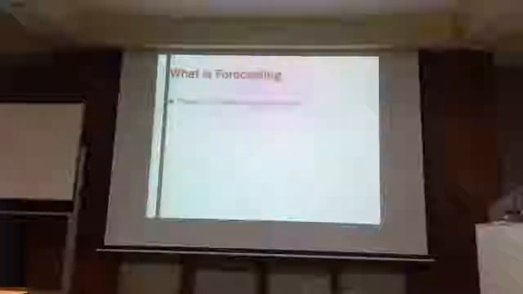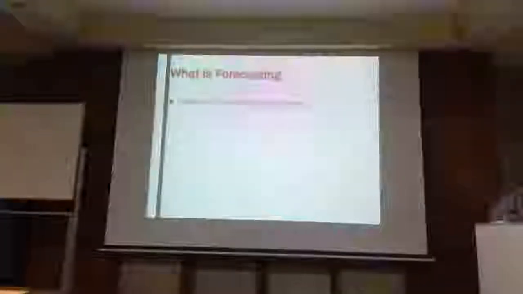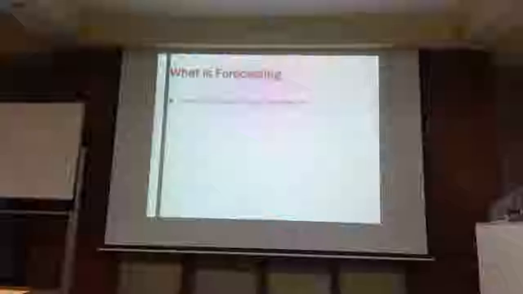So I will start with the introduction: what is forecasting, the features of forecasting, and the elements of a good forecast. If I ask you, what is forecasting? Your answer is something that we try to predict about the future event.